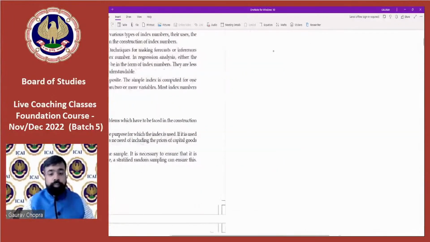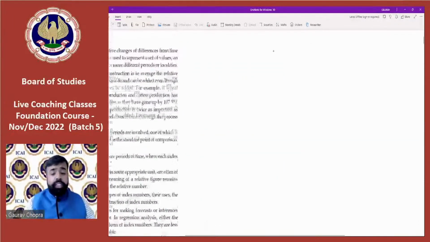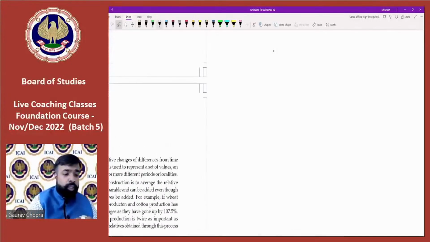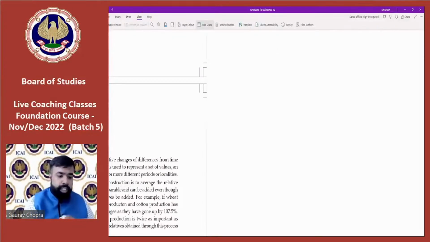Now, what is the definition of index number? So let us begin with that. Let us write the definition first.